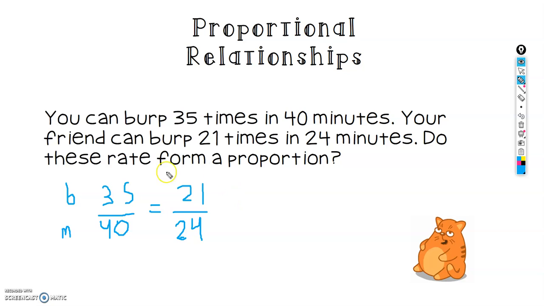We'll go this way, 40 times 21, and let's see what I've got. 40 times 21 gave me 840. And let's see if that's equal to the other cross product, 35 times 24. And it is 840. So it appears that you and your friend, when it comes to burping, are very harmonious, and it is a proportional relationship.